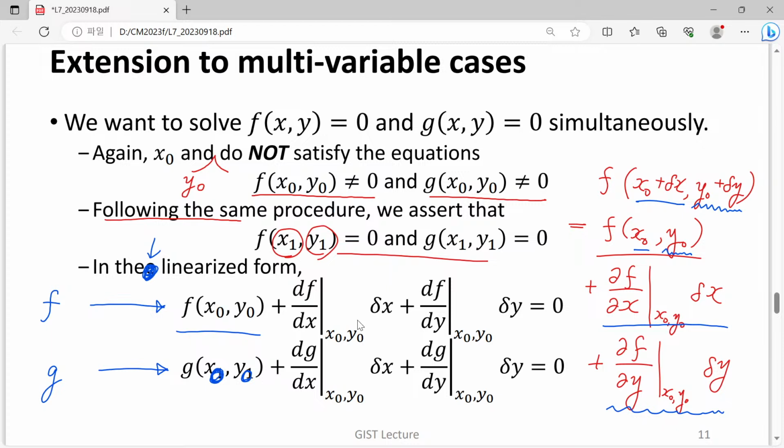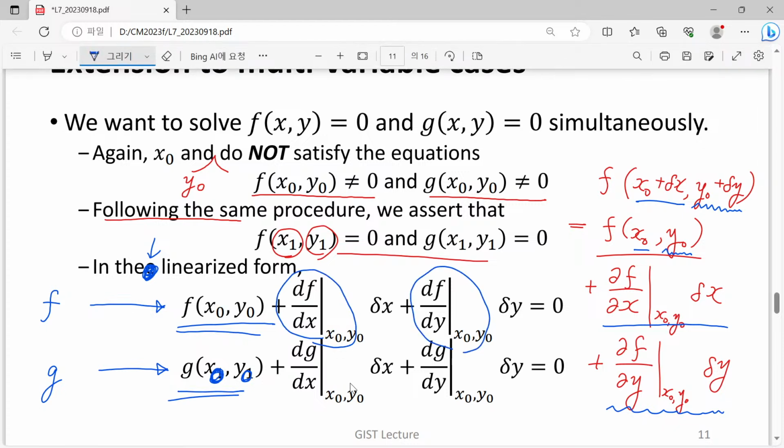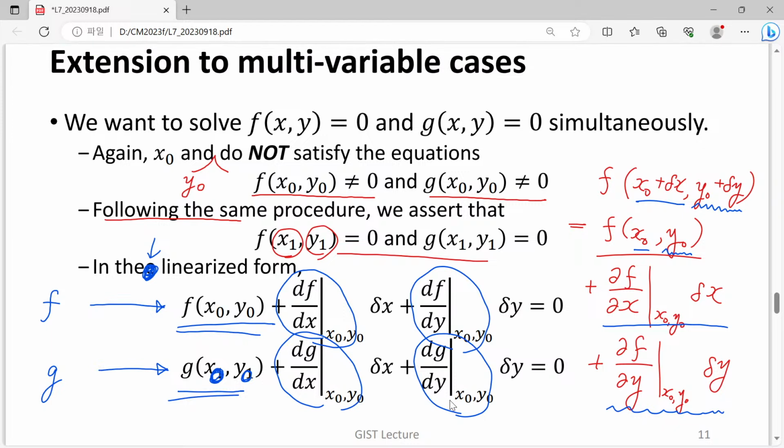And please note that what you have to calculate is function value and partial derivatives. But you can understand the number of function evaluations and the number of partial derivatives are not perfectly matched. You must evaluate the function twice, and you must calculate the first derivative 4 times.